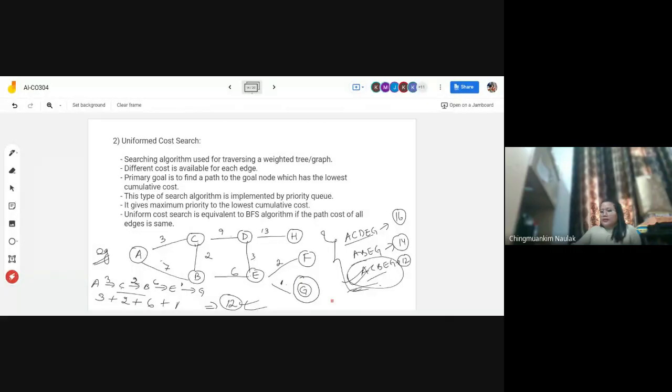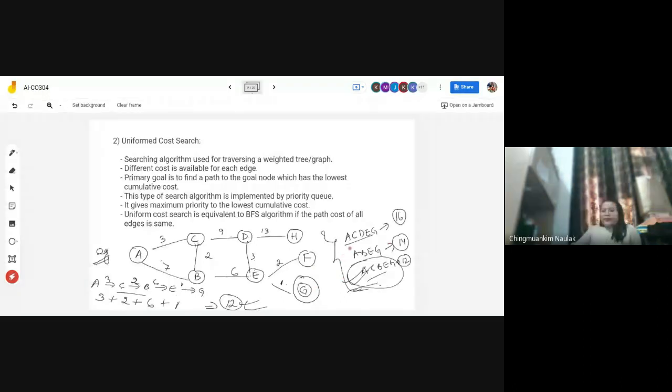You have this node A, C, B, E, D, H, F, G. The thing that you have to do in this problem is to find the path that has the minimum cost to the goal node, right? And the goal node is G. Wherever you find a double circle, that is the goal node. So there are many possible solutions to this.